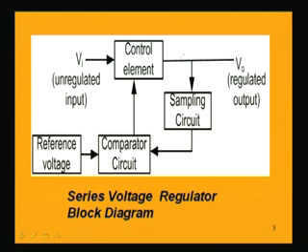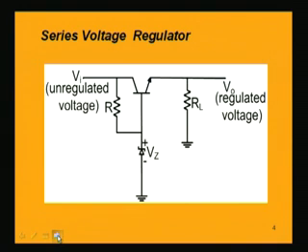Now, we will be discussing a very simple series regulator circuit, voltage series regulator, that we are having here. It is having a transistor as the control element. Here we are showing an NPN transistor.